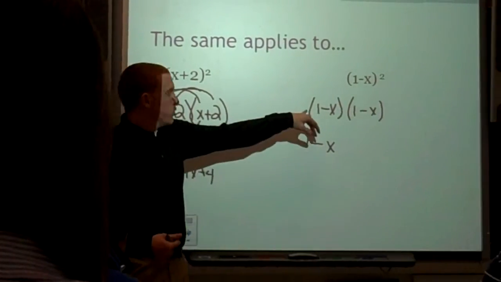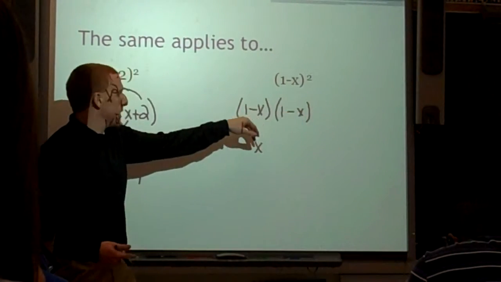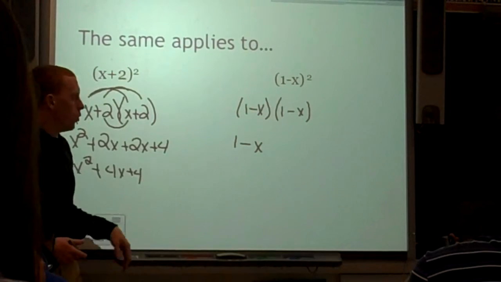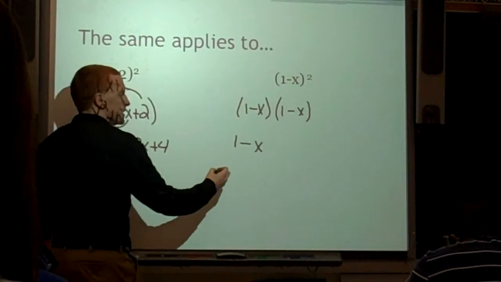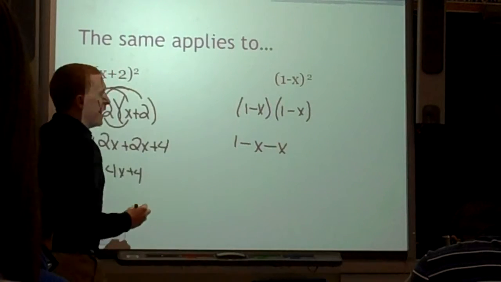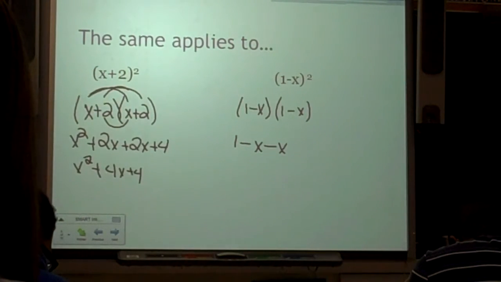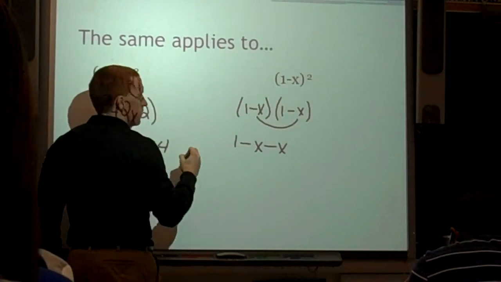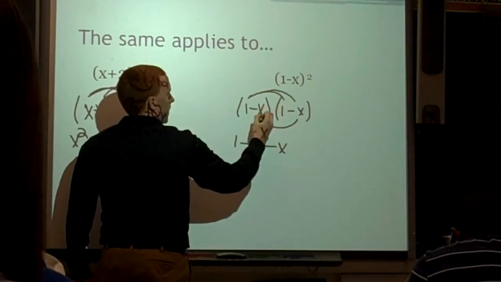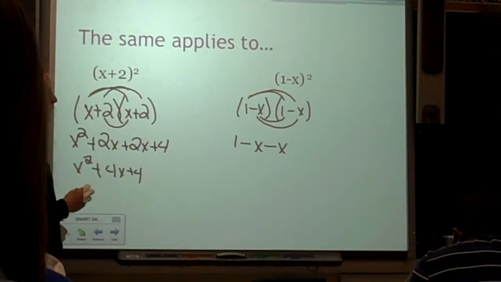Okay, but anyway, moving on. So I did the x times negative x. So negative x now times 1, negative x again. Negative x times negative x. Did that one. I'm on the last one.